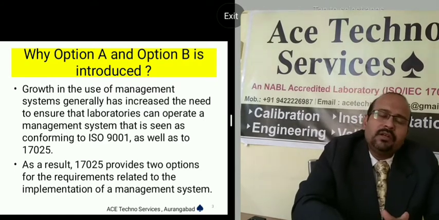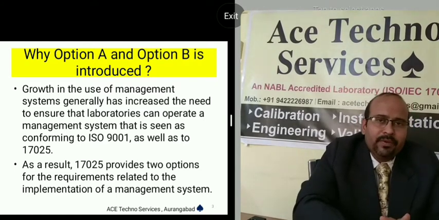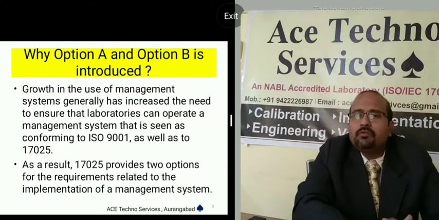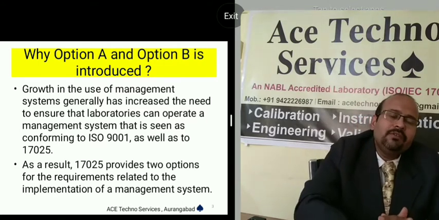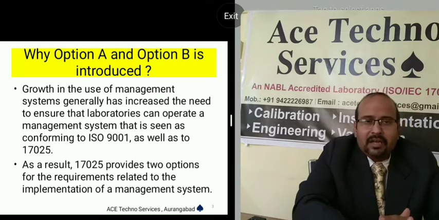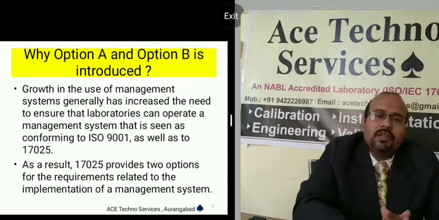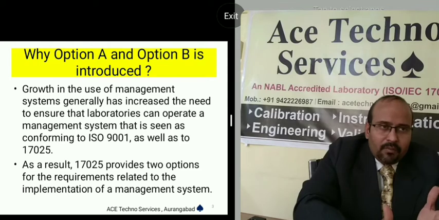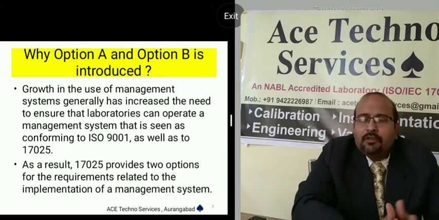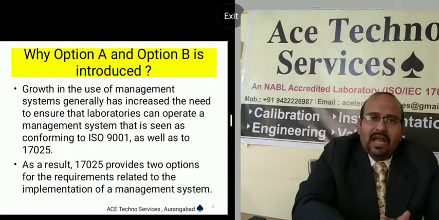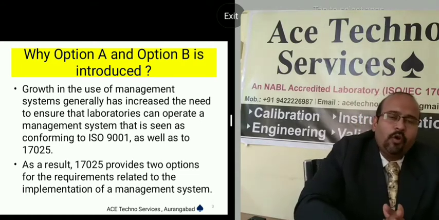This means there was certain duplication of work happening, with laboratories going for ISO 9001 certification and 17025 accreditation. This seems to be one of the steps taken by this new edition of the standard, so that this duplication could be avoided and simplicity could be brought in.